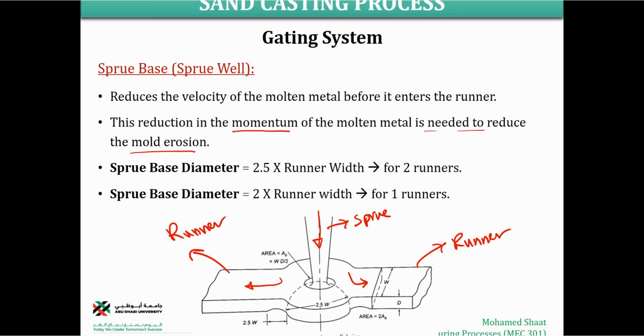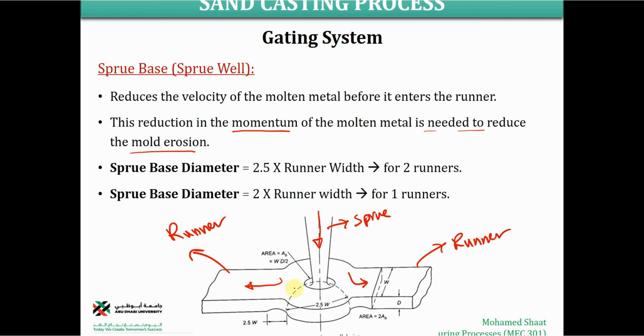This is going to result in high momentum of the molten metal and some turbulent flow. In addition, it's going to result in some erosion. Erosion means that pieces or some parts of the sand of the mold will be broken down and trapped, and move and flow with the molten metal to fill into the mold cavity, right?